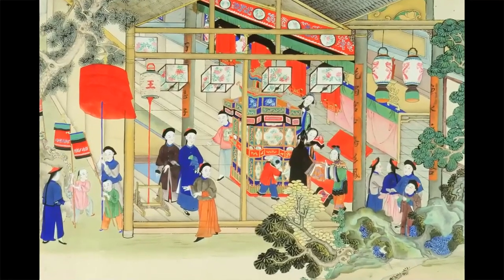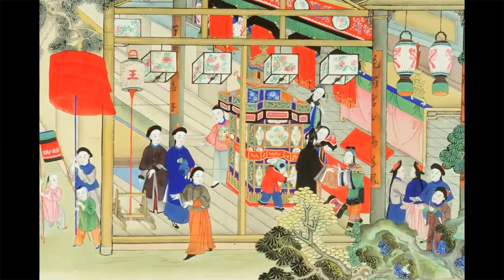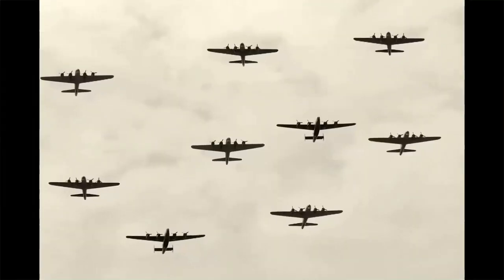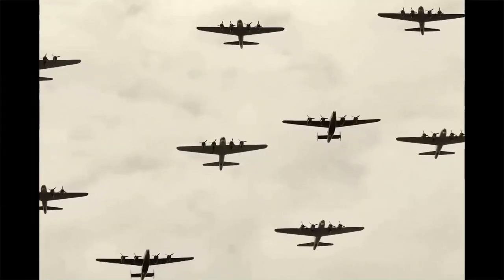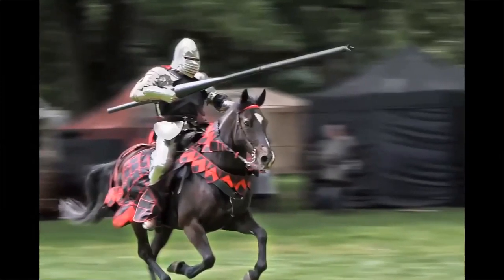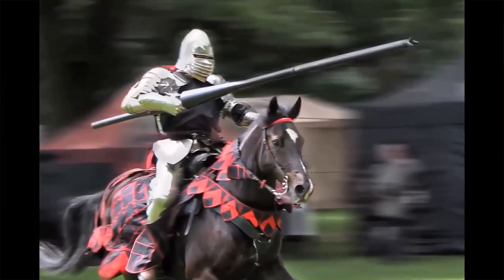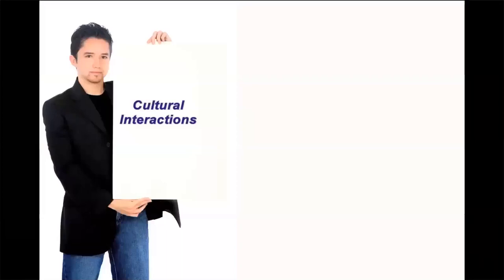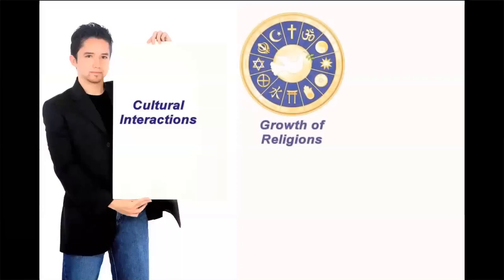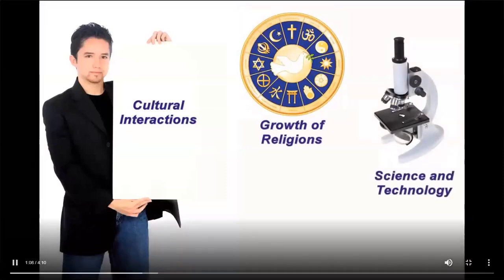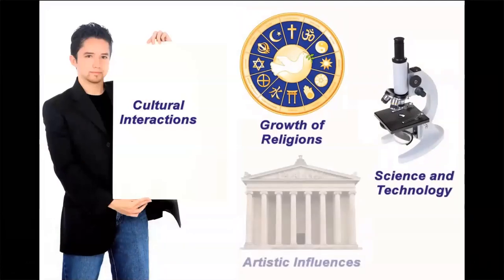At the same time, people have also rejected outside influences and come into conflict over new ideas. The study of how cultures have interacted and developed over time is crucial to our understanding of the world. Some examples of cultural interaction include the growth and development of religions, other belief systems, and philosophies, the spread of ideas from science and technology, and artistic influences in painting, music, architecture, literature, and other arts.